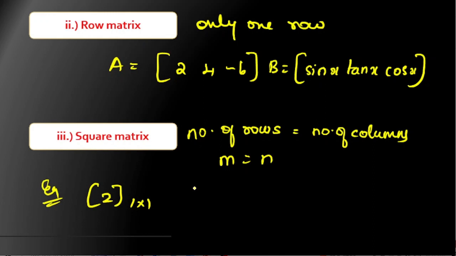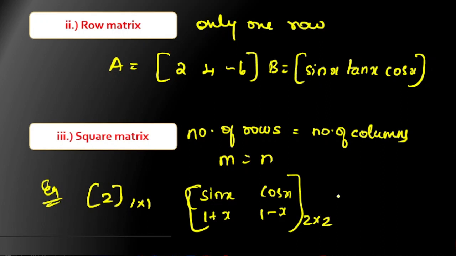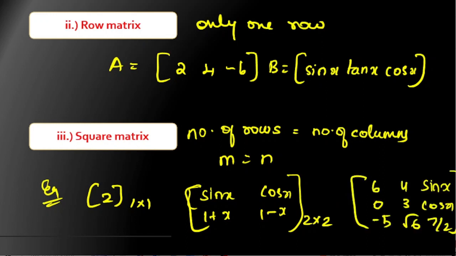Then sin x, 1 plus x, cos x, 1 minus x is a 2 into 2 matrix. Another example can be 6, 0, minus 5, 4, 3, root 6, sin x, cos x, 7 by 2. This is your 3 into 3 matrix. So these are the examples of square matrix you can have.